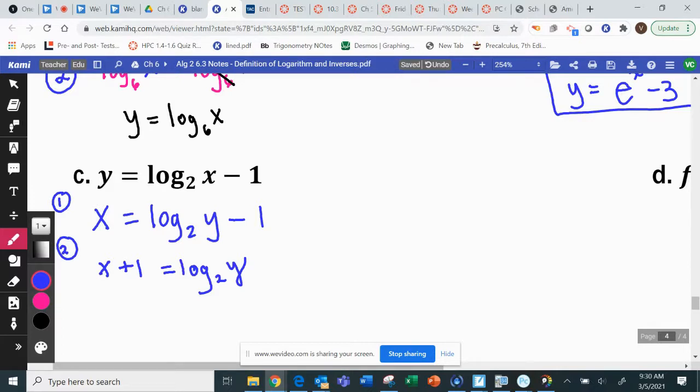Now we have to get rid of the log. What do we do to get rid of log? Evody, what should I do? I'm going to cancel out log.